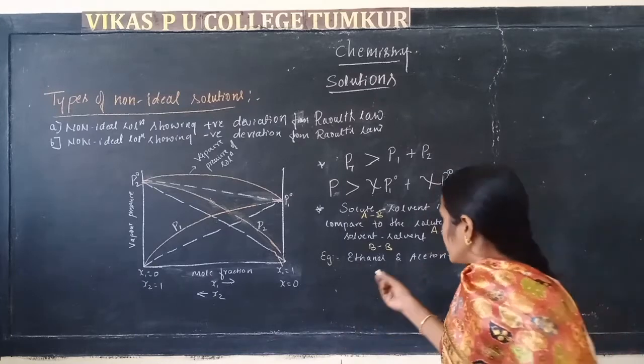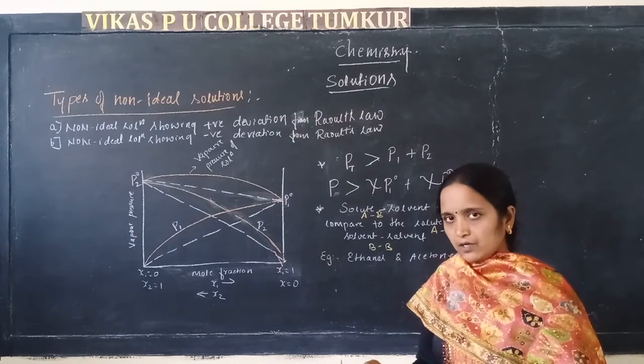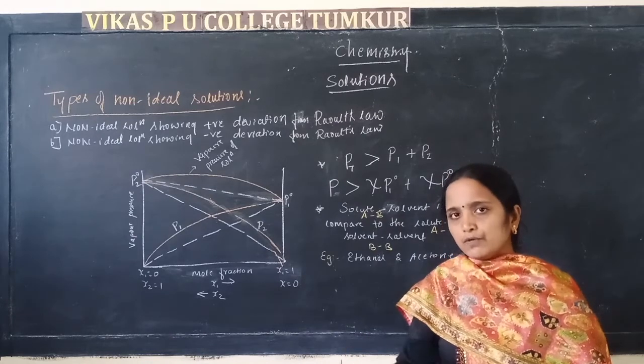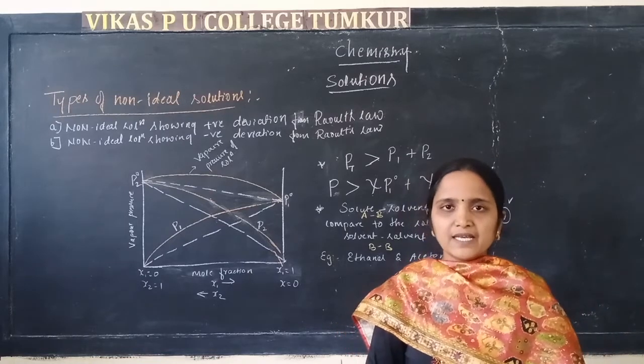When acetone is added to ethanol, the acetone molecules enter in between the ethanol molecules and break the hydrogen bonds.